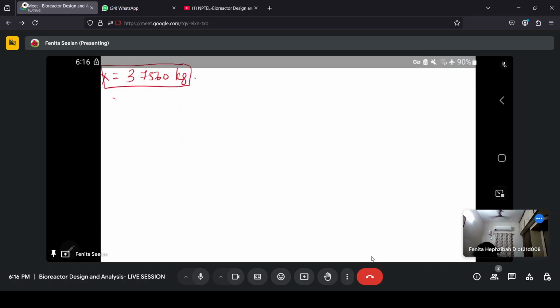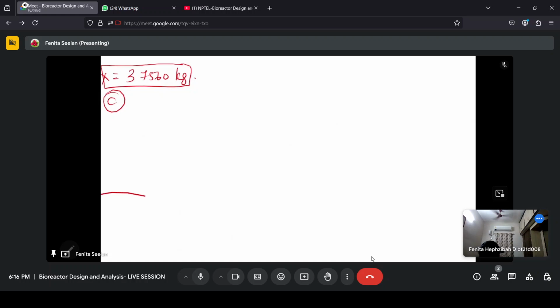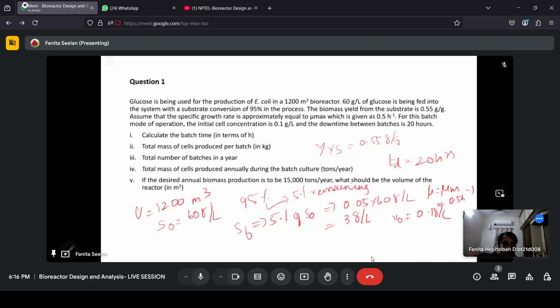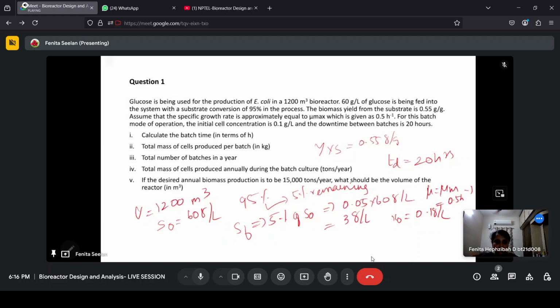Okay. So what is question number C? Question number C is to calculate the total number of batches in a year. So now we know how much amount of cells are being produced per batch, and we know the batch time and we know the downtime.